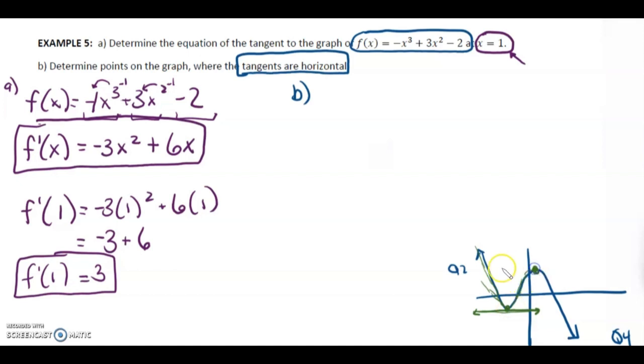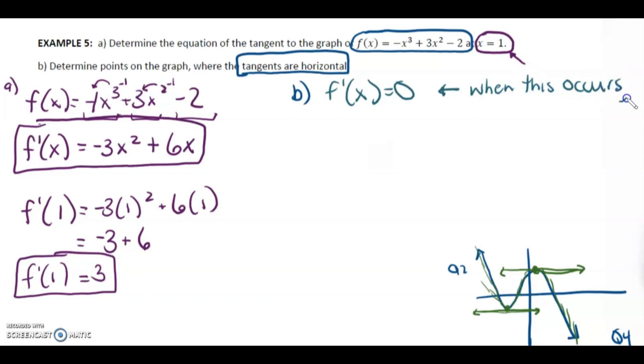And then again at this turnaround point, the slope is going to be 0, and then the tangents go on forever. So what we want to know is when f prime at x equals 0. When this occurs, the tangents are horizontal.